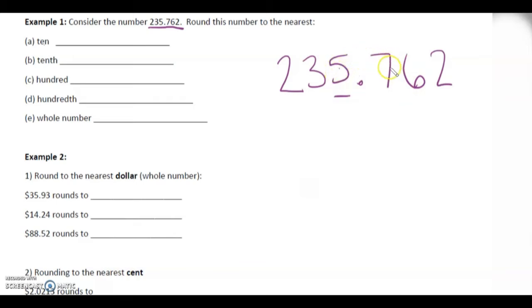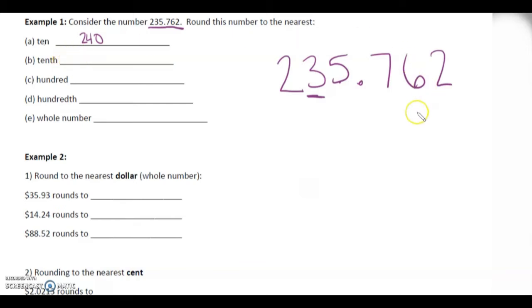We need to go to the, oh no, take that back. Tens is right here. It's a 3. So we need to go 1 digit to the right. This is a 5. So we round up. So we're going to get 240. Okay, and then that's going to be decimal 0. Everything to the right of what we round is going to be zeros.